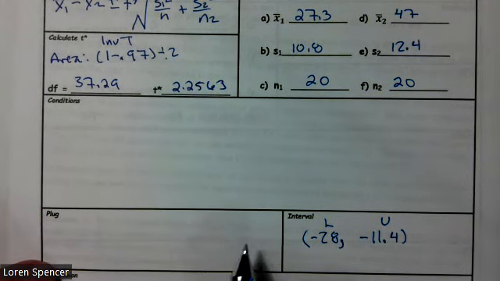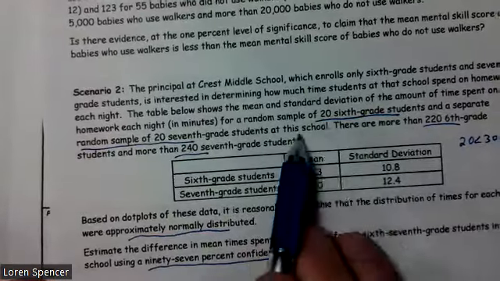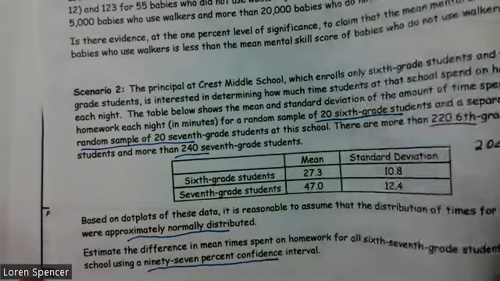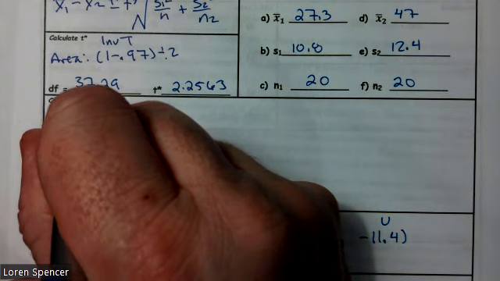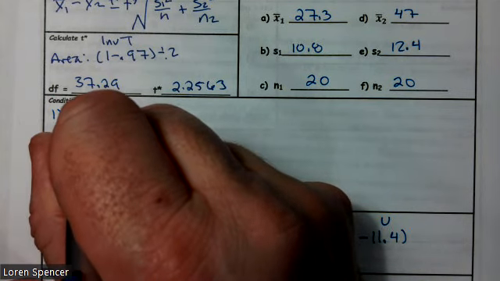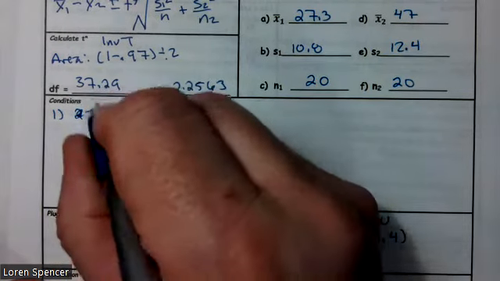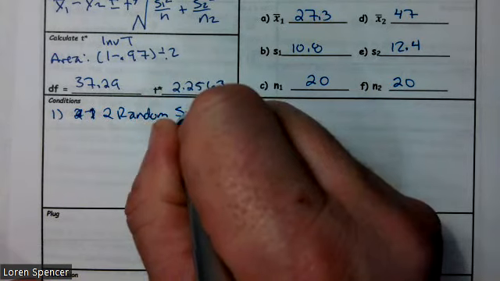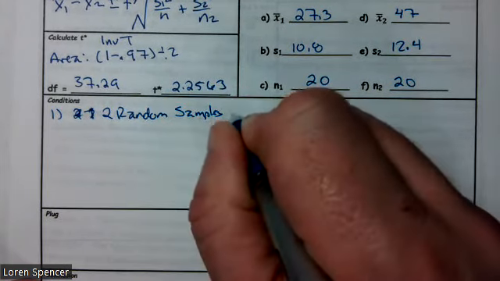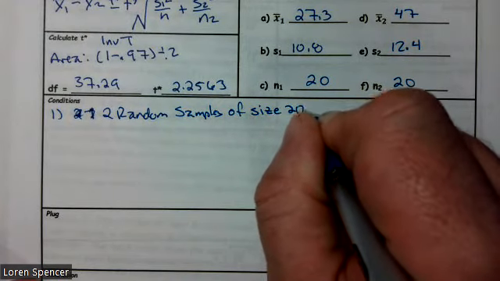All right. So our conditions. Well, the first thing they told us is we had 2 random samples of size 20. So condition 1, 2 random samples of size 20.